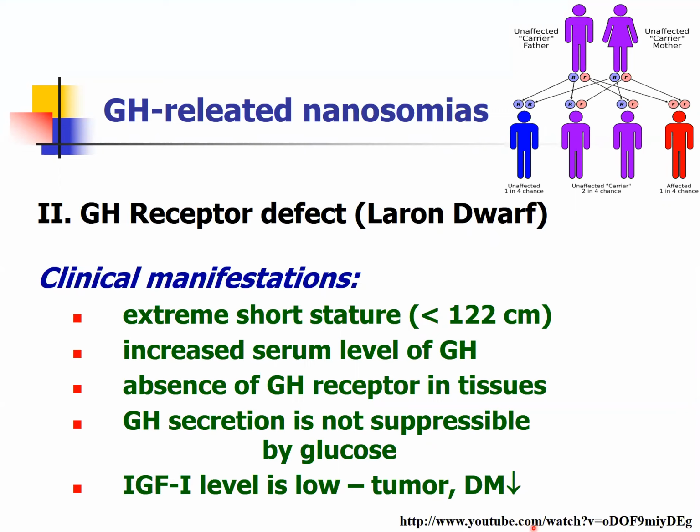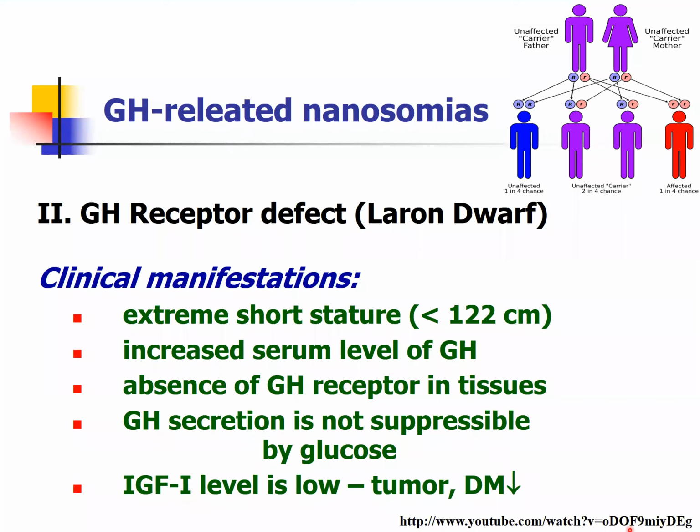If you watch this YouTube video, you can see some people that live in an area, and they have an extreme short stature and an increased level of growth hormone. However, the growth hormone receptor is missing from the peripheral tissue, the growth hormone secretion is not altered by glucose, and the IGF-1 level is very low.